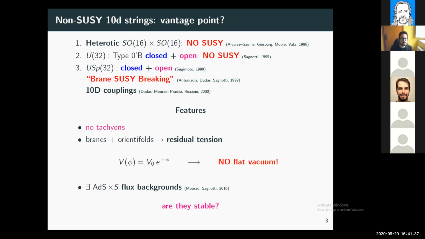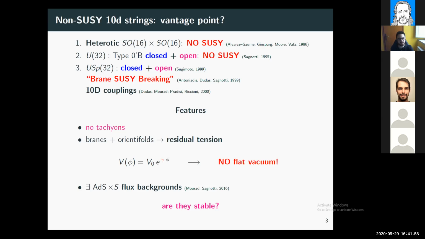And then there are two orientifold models. The first one is an orientifold of the type 0B string, which is non-supersymmetric and tachyonic, whereas this type 0' orientifold removes the tachyon and leaves a U(32) gauge group.